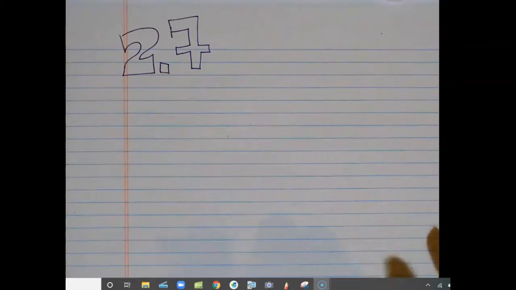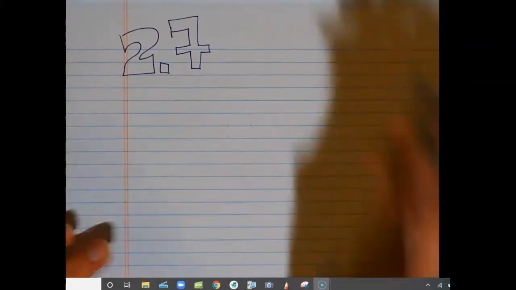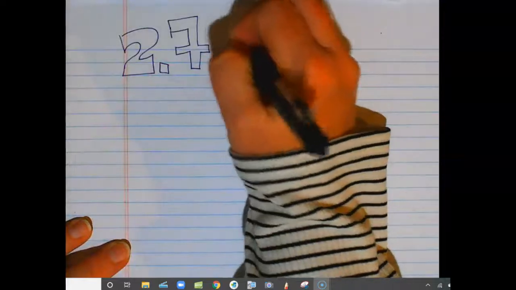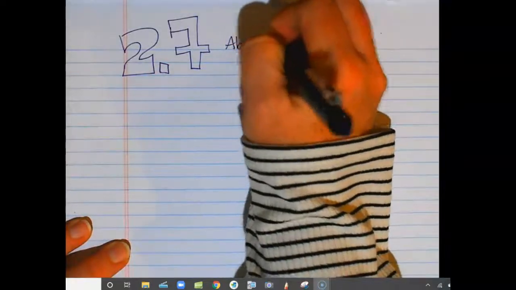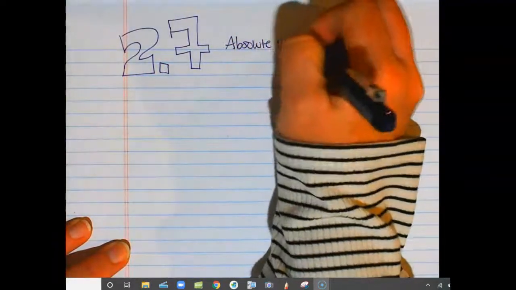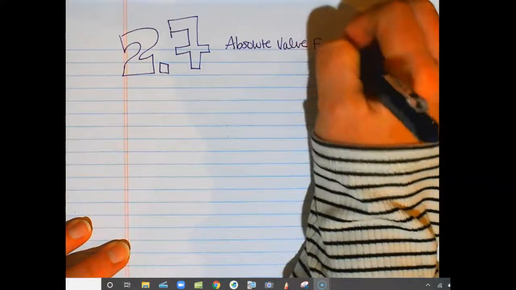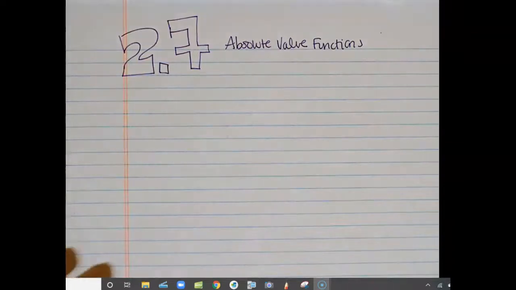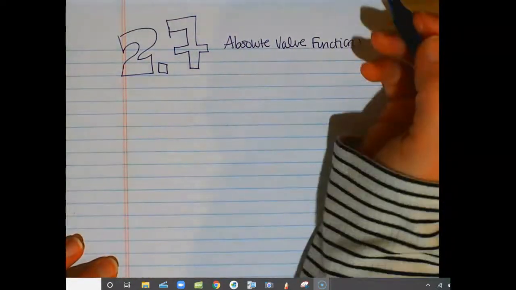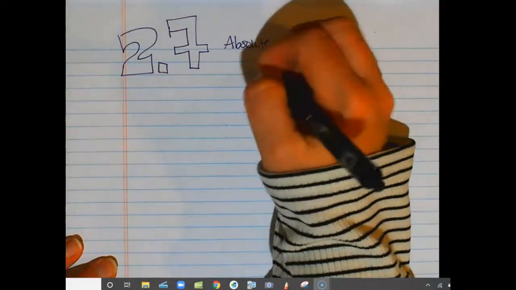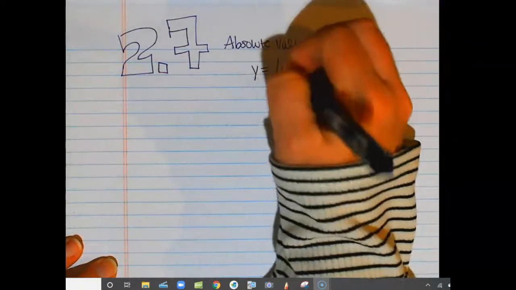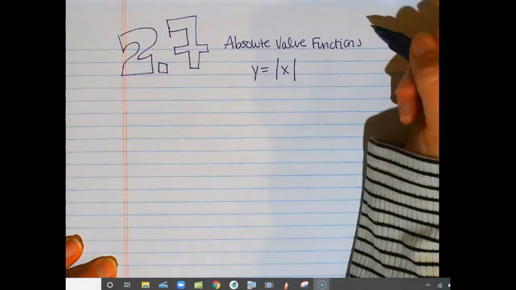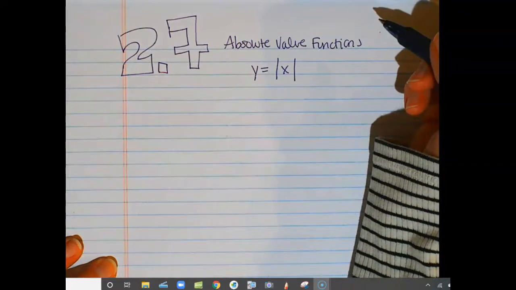We're going to look at absolute value functions today, and they are really fun to graph. Absolute value functions. We talked about absolute value a little bit already. Absolute value has these bars right here, which indicate distance from 0.